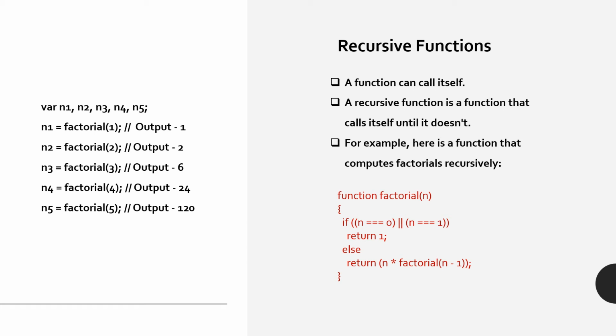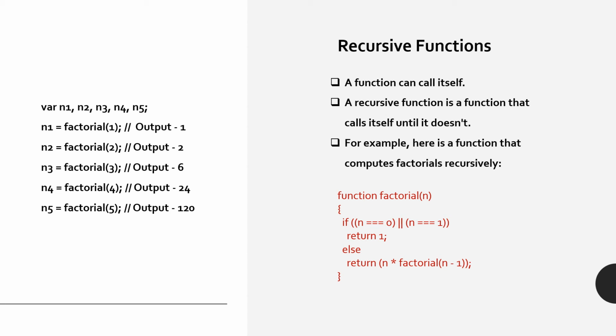In the case of 2, what will happen? 2 into factorial of 2 minus 1, factorial of 1. The factorial value will be 1 and the return value is 2.